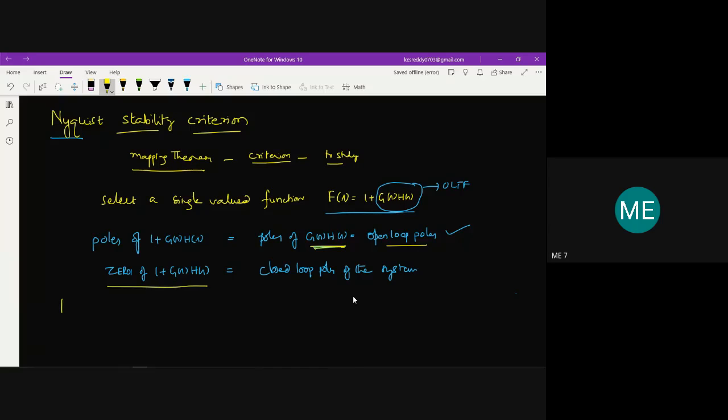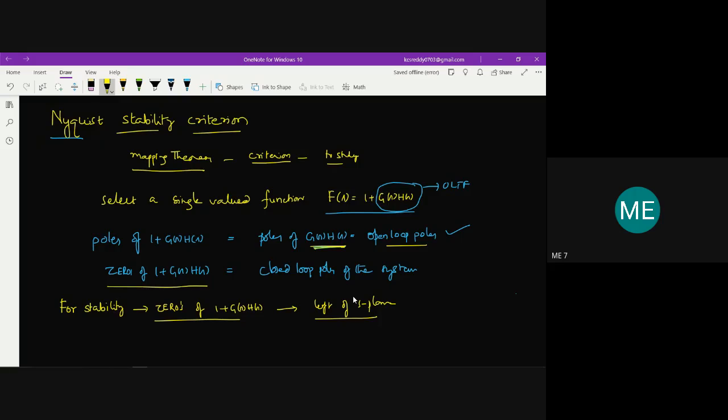But from the stability point of view, all the zeros of 1 plus G of s into H of s must lie in the left half of the s plane. Then we can say the system is stable.